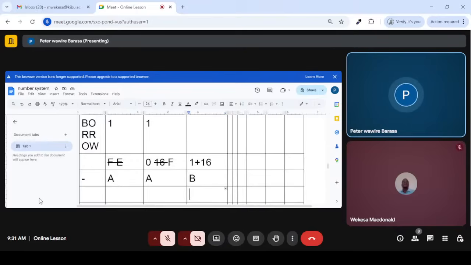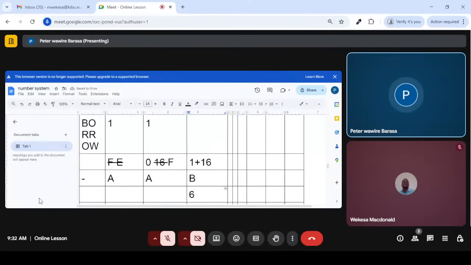So 17 minus 11, B is equivalent to 11. 17 minus 11, you get 6.